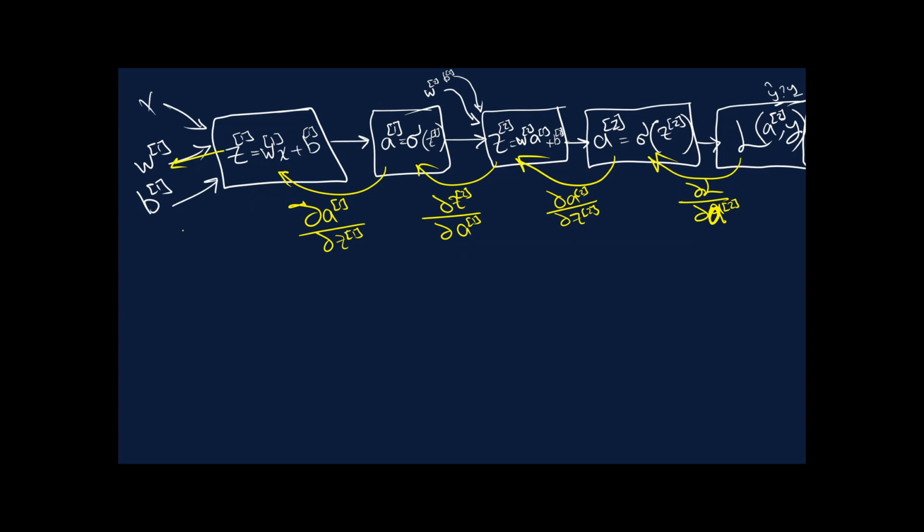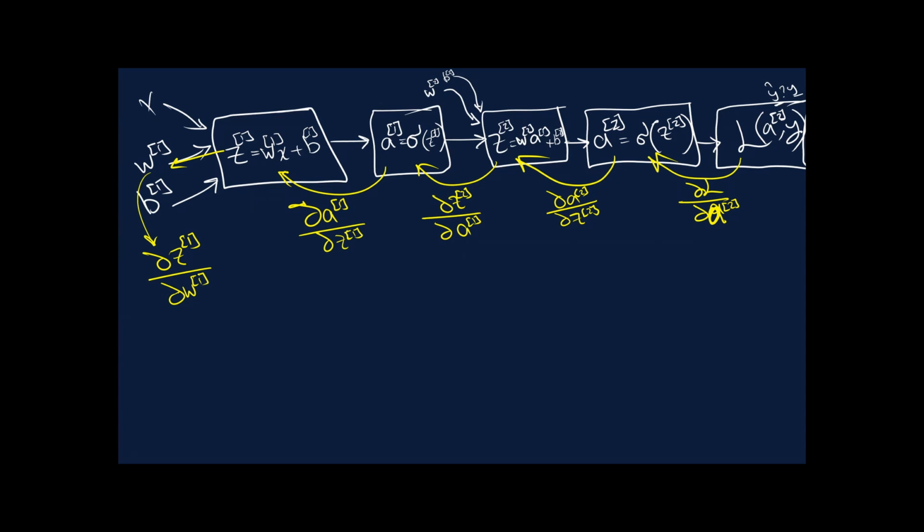And eventually we would have the derivative of Z1 with respect to W1. And for the chain rule, we just need to multiply all of these together. Okay, so any problem in that so far?